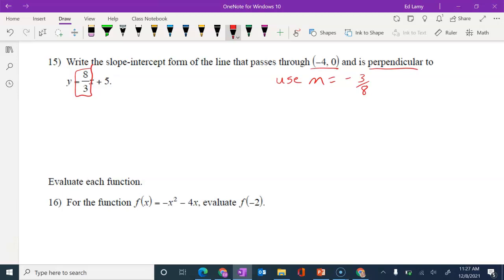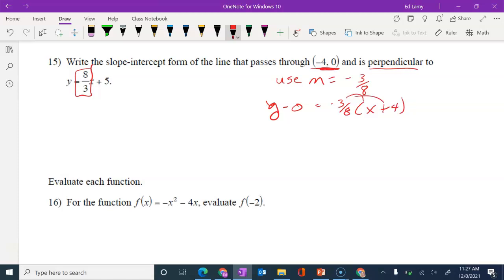So we can write it in point slope form using the given point and this opposite reciprocal slope. It would read y minus the y coordinate is equal to -3/8 times x minus -4, x plus 4. So it's just about in slope-intercept form.